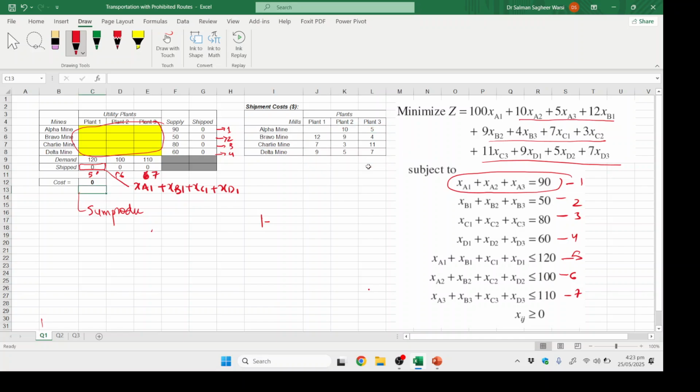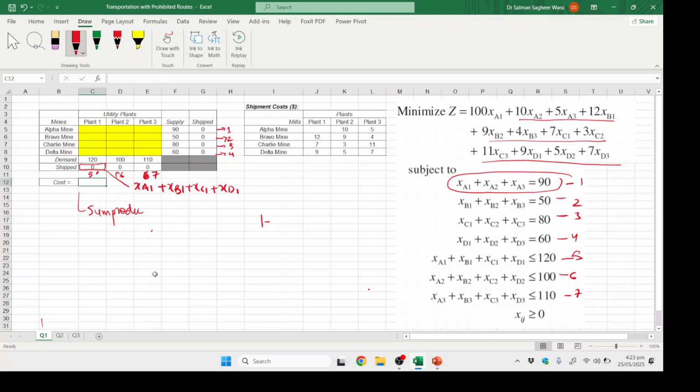Now let's start exploring the three options that we discussed for handling the prohibited routes, and remember, we are using the SUMPRODUCT formula. If we don't want to use the SUMPRODUCT formula, how are we going to do it? Let's first see this.